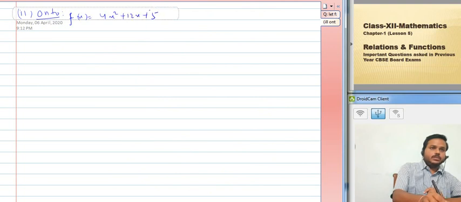Now you take it as y, and y is nothing but 4x square plus 12x plus 5.